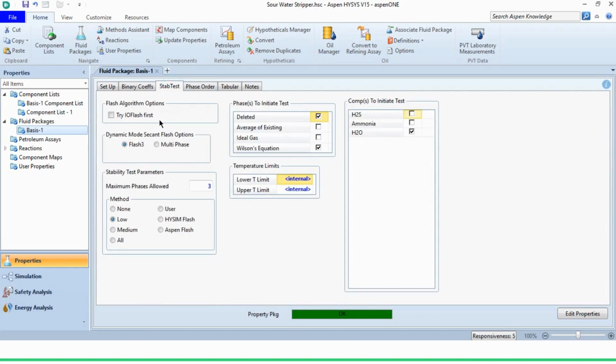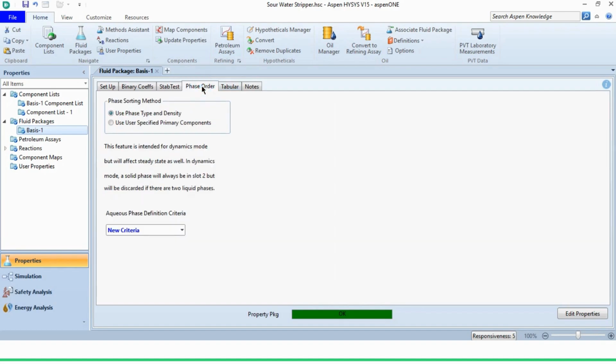In the stability test, please check that flash 3 is selected, the method is low, the maximum phases allowed are 3, and the component to initiate the test is water. In phase order, use phase type and density is selected, and the aqueous phase definition criterion is mu.